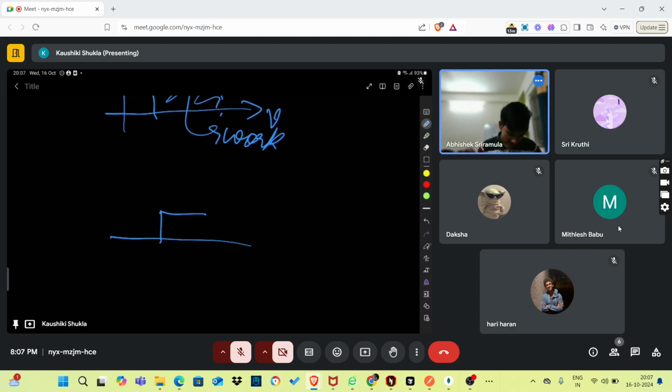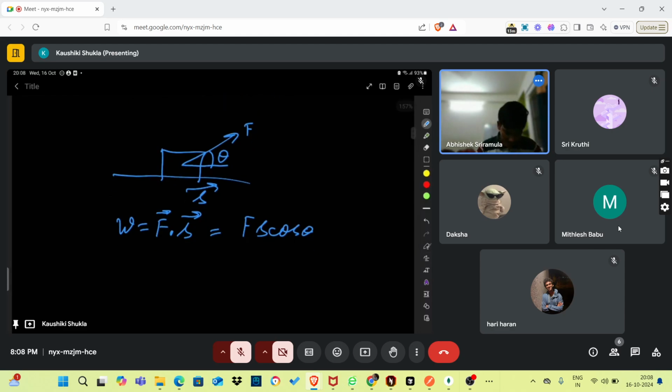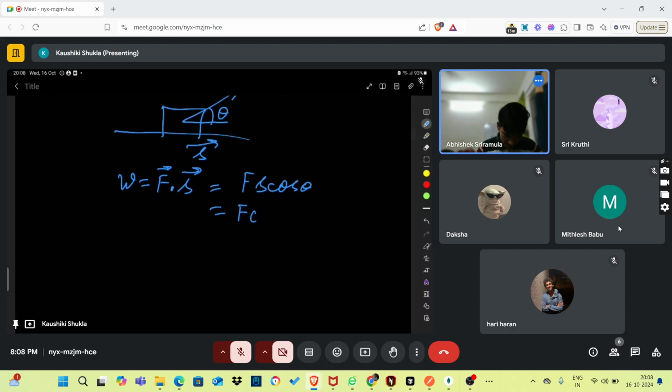If you have a block with a force acting at an angle theta from the horizontal, and it is displaced by s, then work is F dot s vector, which is Fs cos theta. So this is F cos theta times the displacement s.